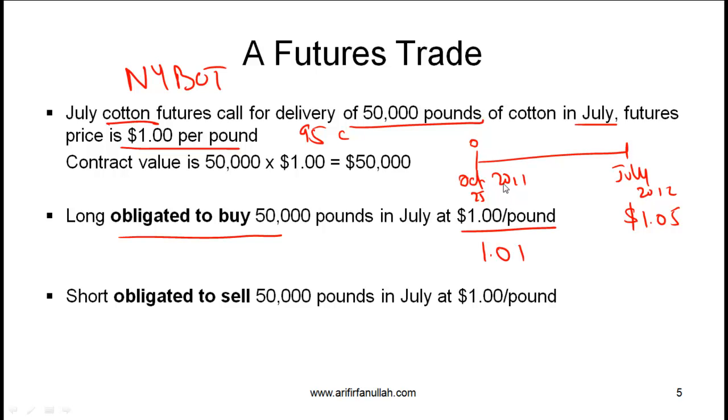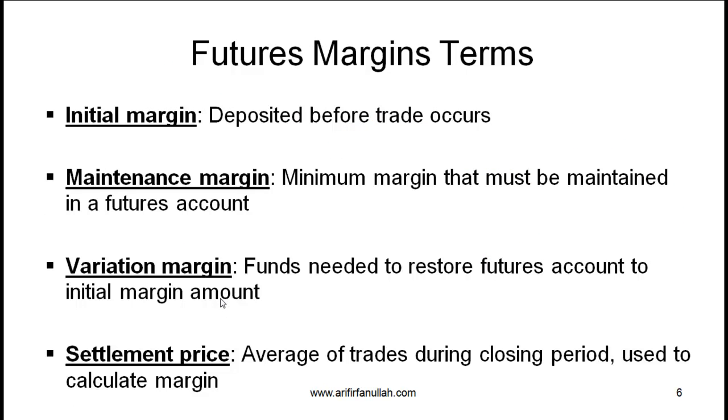So in the next few slides we'll explain exactly how that's calculated, but on a daily basis, if the long party is benefiting, money is added to his account, and if the long party loses out on a given day because the price of the contract is going down, then money is taken out of his account. And obviously, since this is a zero-sum game, anything that benefits the long party will hurt the short party. So some terminology, and then this will be explained in detail through an example on the next slide.